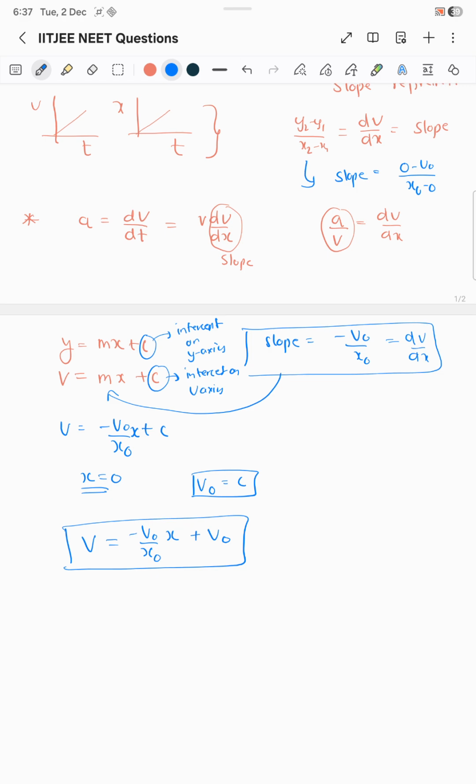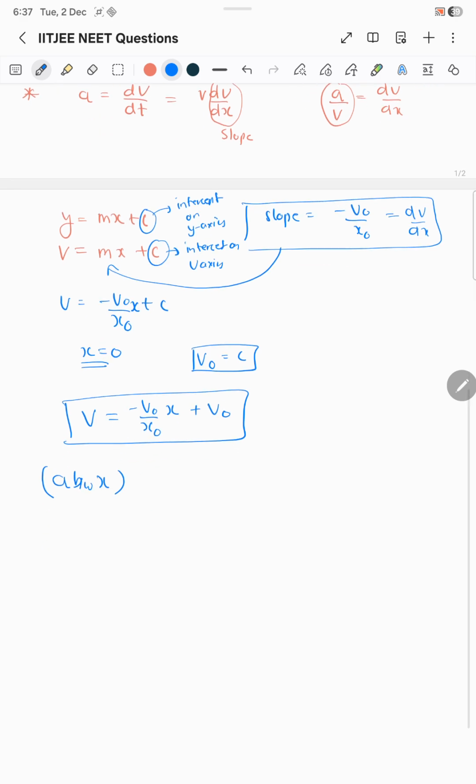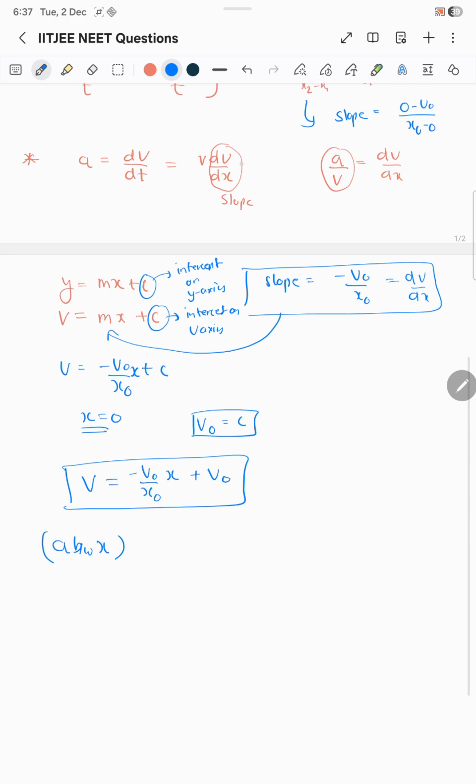Okay, so now we have this v value, and now we want to find a similar kind of relation between a and x. We have to find a relation between a and x. So I'll start with acceleration equal to v dv by dx. So v and dv by dx we already got, and v value now we got. So dv by dx is nothing but the slope.